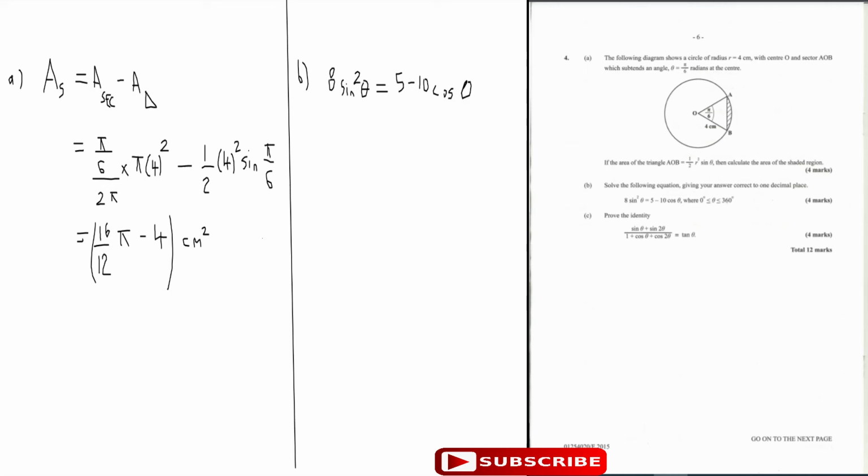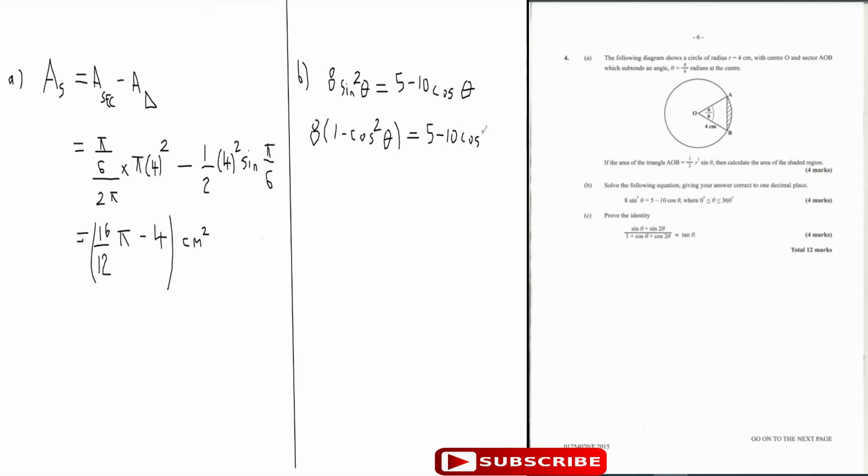Now, in order to do this question, first thing you know is that sine squared is 1 minus cos squared. So we can always rewrite this as 8 times 1 minus cos squared theta, which is equal to 5 minus 10 cos theta. That's what we have.